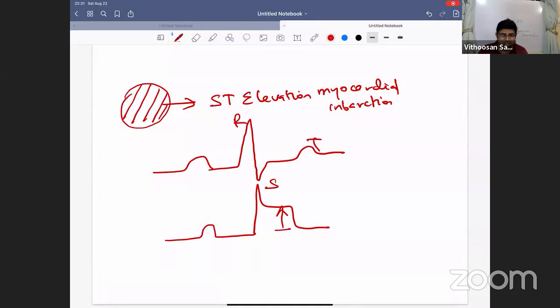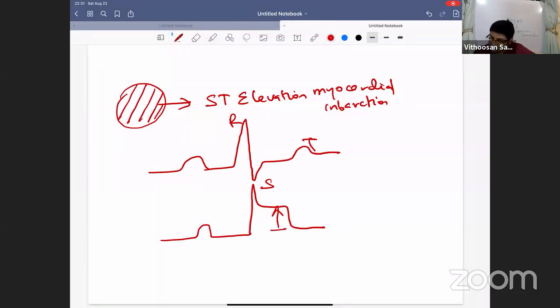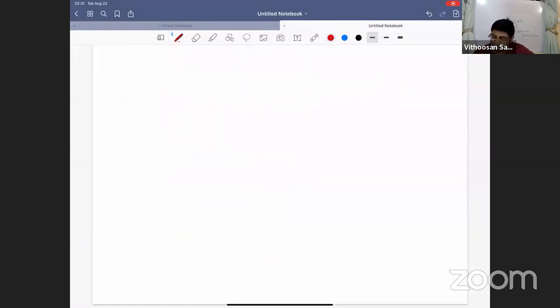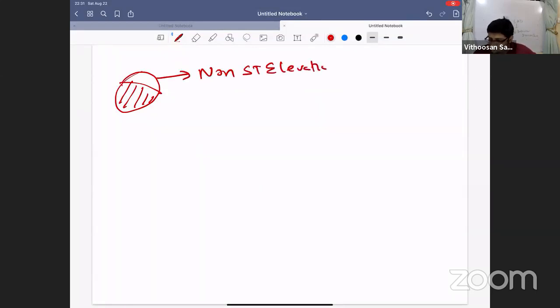Okay, guys. Now, the other two, when the block is not 100%, say about 70%, 80%, what they are going to develop is called non-ST elevation myocardial infarction.